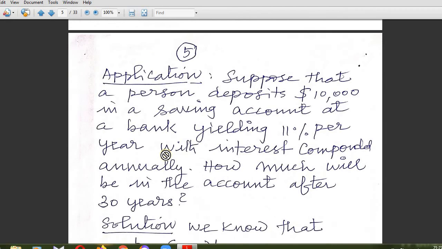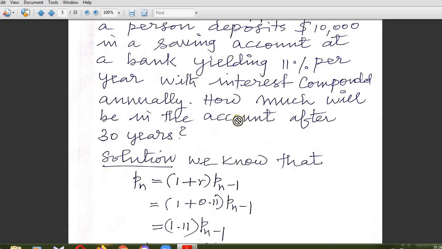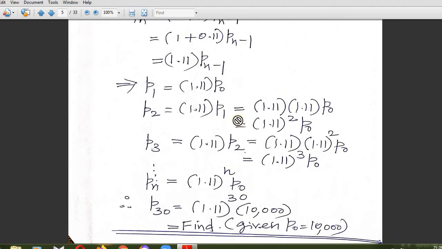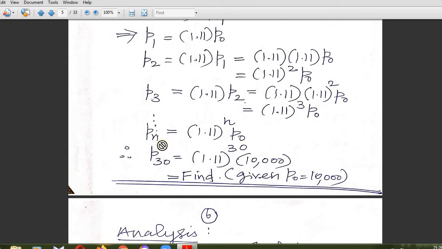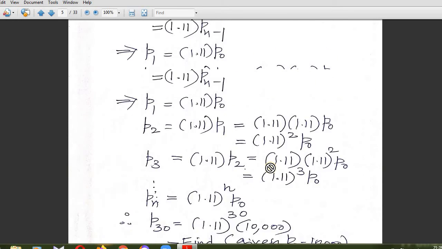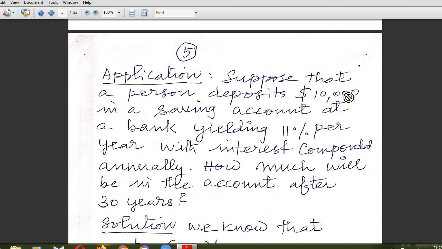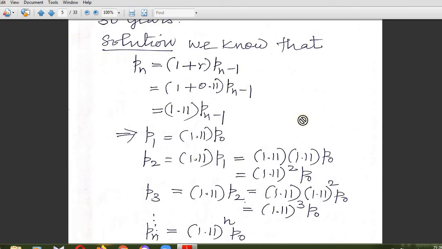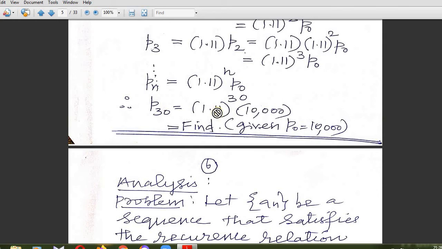Now in the question what they ask is the total amount at the end of 30 years. Applying that formula, put n equals 30, and we get 1.11 to the power 30 into 10,000. 10,000 is the amount deposited at the beginning, given as $10,000, so P0 equals 10,000.